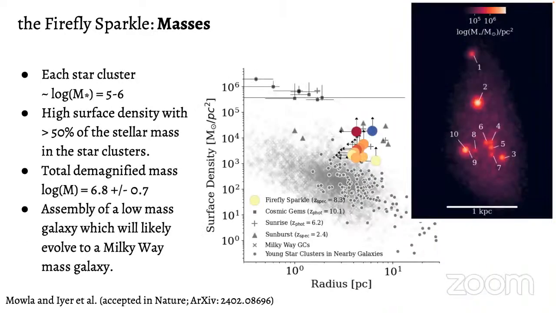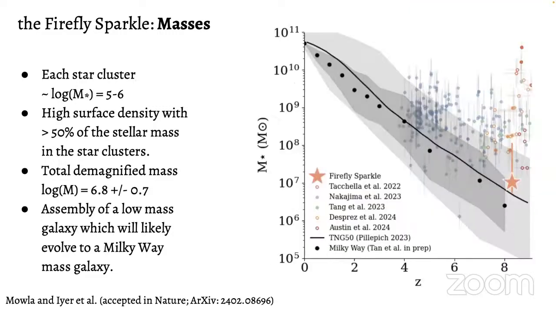So that's the star formation histories, and then these are where they sit in the density plot compared to local GCs. The really interesting thing overall about the system is the fact that compared to most of the other things that have been seen at these redshifts, this tends to be one of the lowest mass overall.